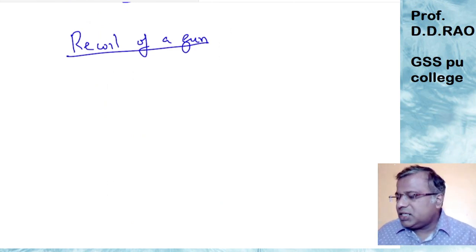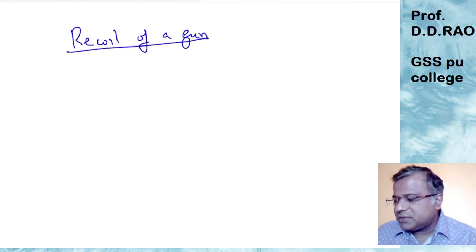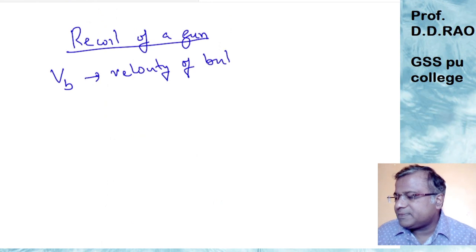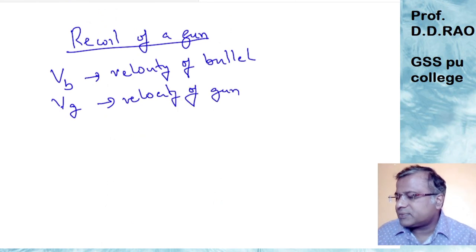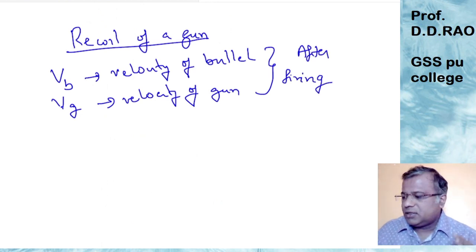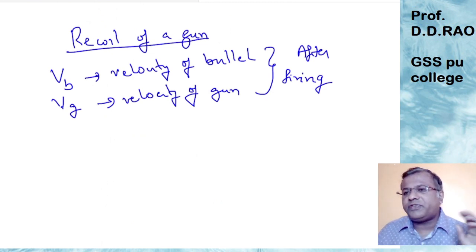That is called recoil. Initially, let us say vb is the velocity of the bullet and vg is the velocity of the gun. Both are the situations after firing. Why am I saying after firing?